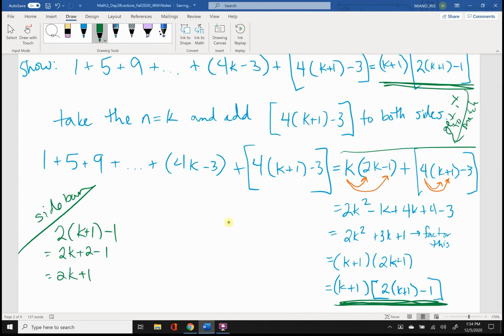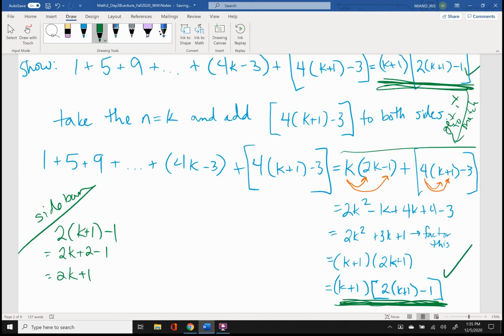So we were able to demonstrate via algebraic manipulation on the right-hand side of this equation for the kth term, in which we added the k plus first term in the sum to both sides, we were able to make it match up with the right-hand side of the k plus first term that we were trying to show. So getting this to look like this is the proof conclusion right there.